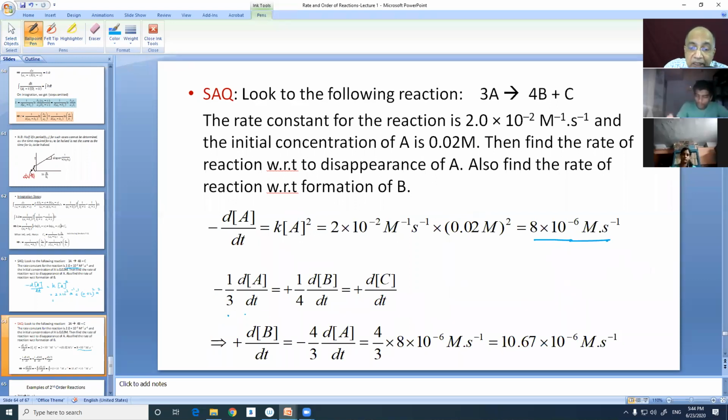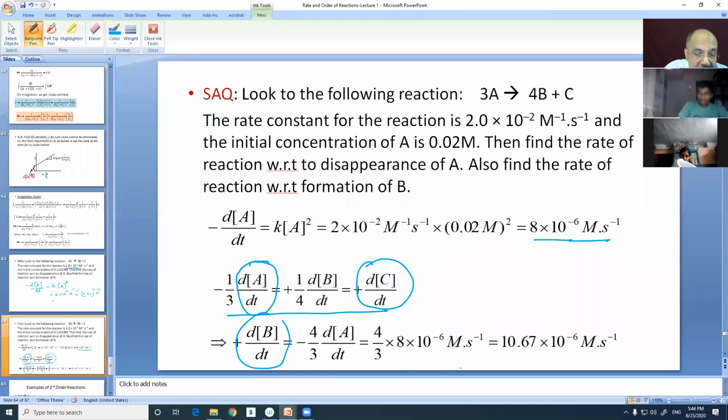And then you write the expression: minus 1 by 3 dA by dt is equal to plus 1 by 4 dB by dt. The C part is not required for our question. Then if dA by dt you have calculated, dB by dt is equal to 4 by 3 times minus dA by dt. Minus dA by dt is this much, so the minus is automatically embedded here. 8 into 10 to the power minus 6 into 4 by 3.